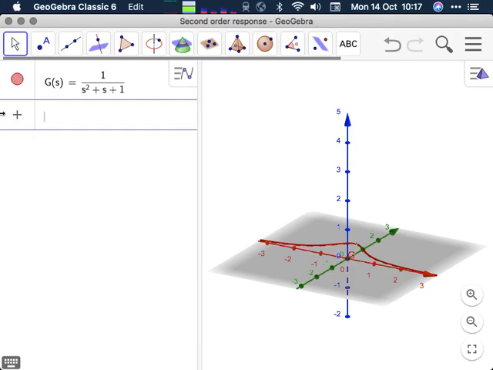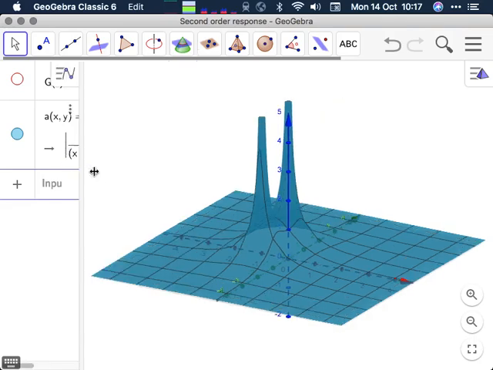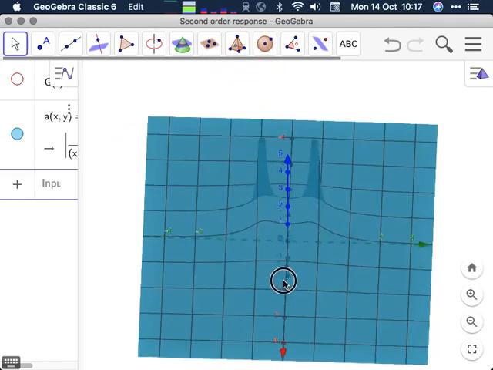And I'm not going to plot that, but what I am going to do is plot G of x plus y times i. And I'm actually going to plot the magnitude of that. There you go. Okay, so what we're seeing here is the magnitude of the transfer function G of s for this second order function.